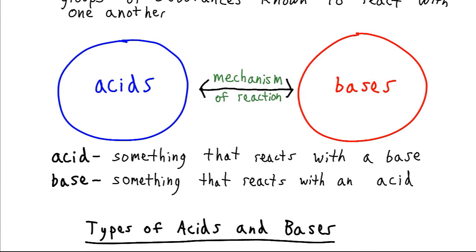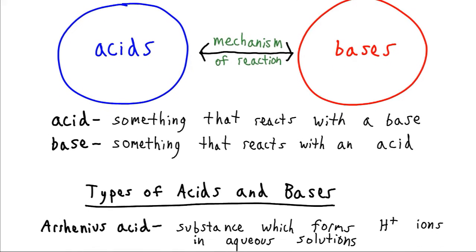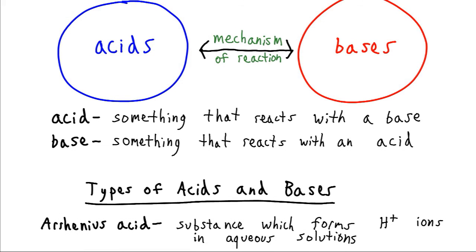Now there are some different ways of defining these boxes here because we can have different mechanisms of reaction. Now you're probably familiar with the Arrhenius definition. If you've encountered acids and bases before, this is usually the first one that's introduced because it's the simplest.